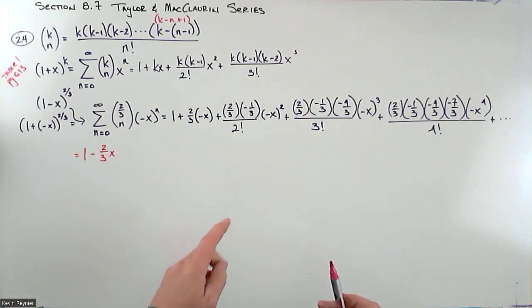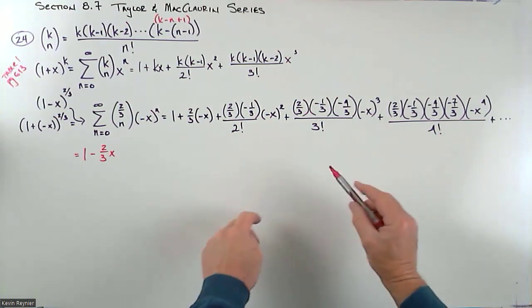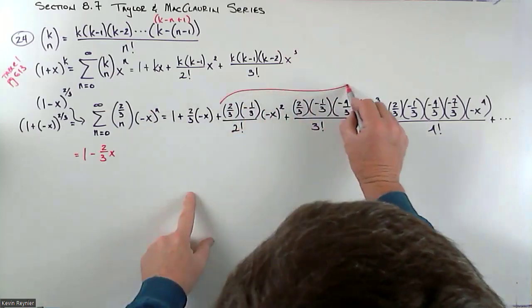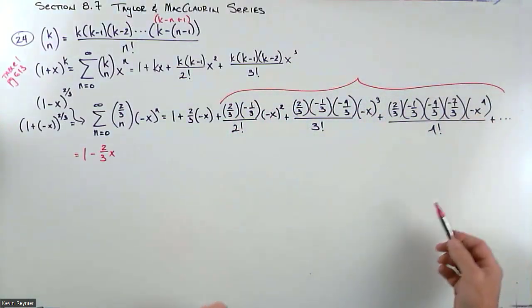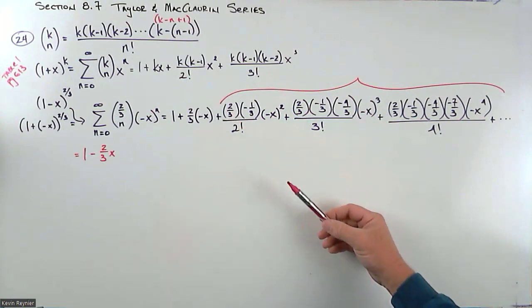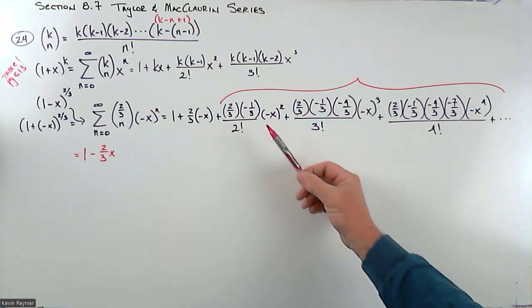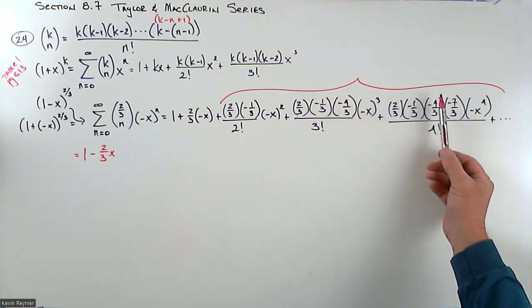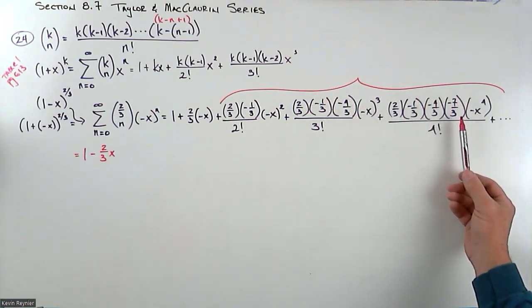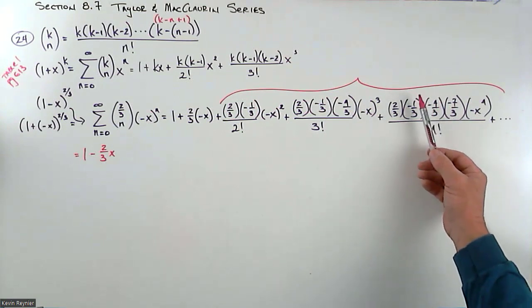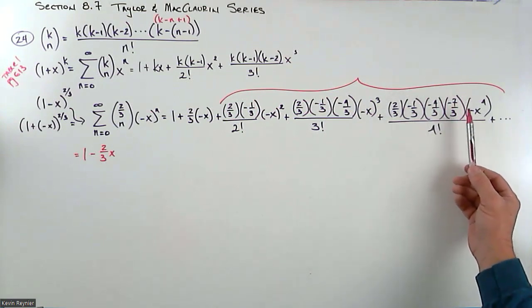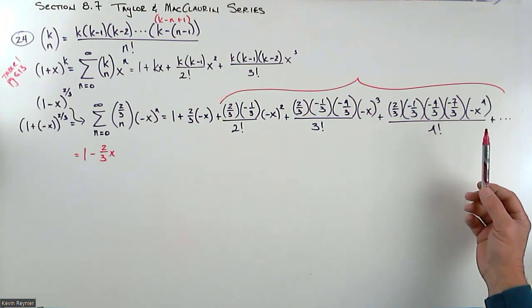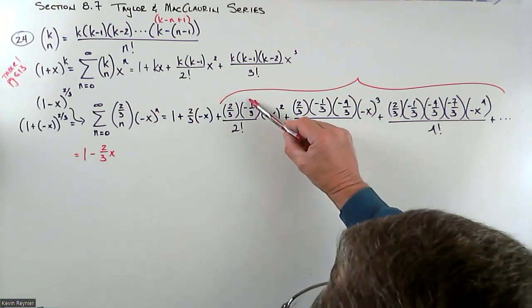And then if you take a look at just this piece right here, if we can get this 2/3 out of the way, I have a 1/3. Then I have a 1/3 of 4/3. Then I have a 1/3 of 4/3 of 7/3. And the next one's going to be 1/3, 4/3, 7/3, 10/3. I've got a nice pattern with these numerators.